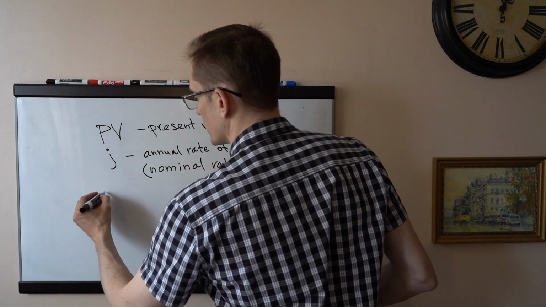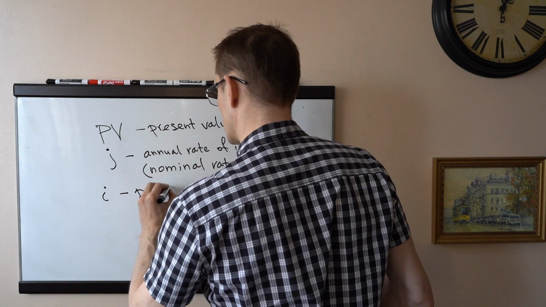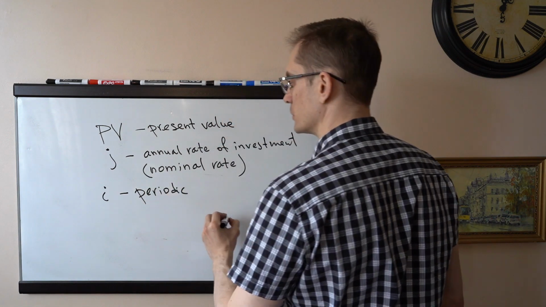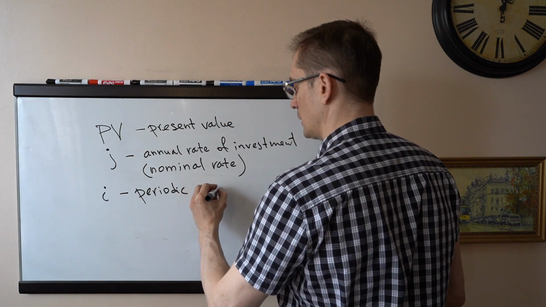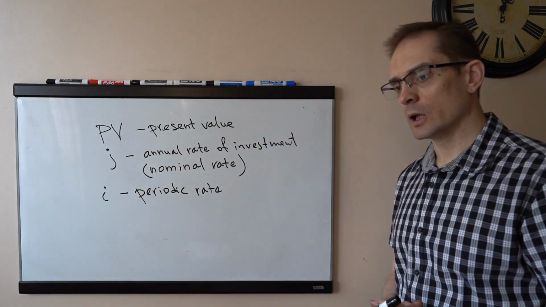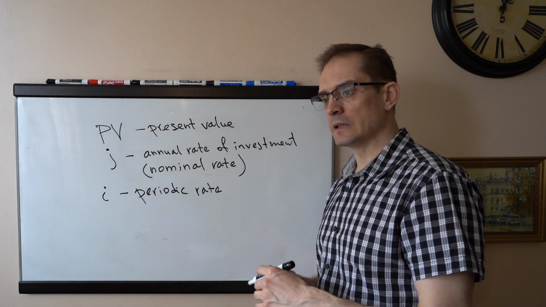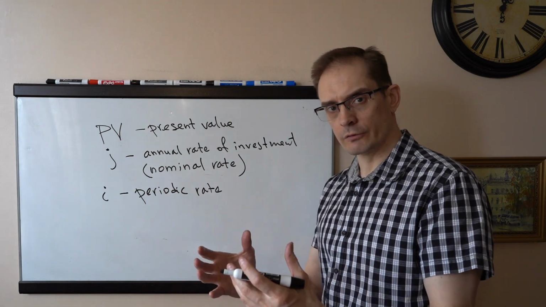Okay, we also will talk about I, and I is the periodic rate. Now, what does periodic rate mean? Well, the periodic rate is the rate you get paid for a period of your investment.